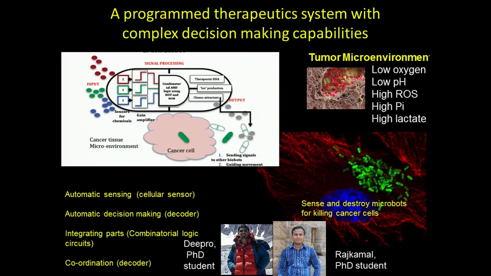So we are trying to develop a lot of sensors and decision-making circuits inside bacteria, so that in a cancer mimetic environment, the bacteria decide whether the environment is cancerous or not. If it is cancerous, they produce a protein which helps the bacteria invade the cancer cell and deliver the drug, which in our case is shRNA.